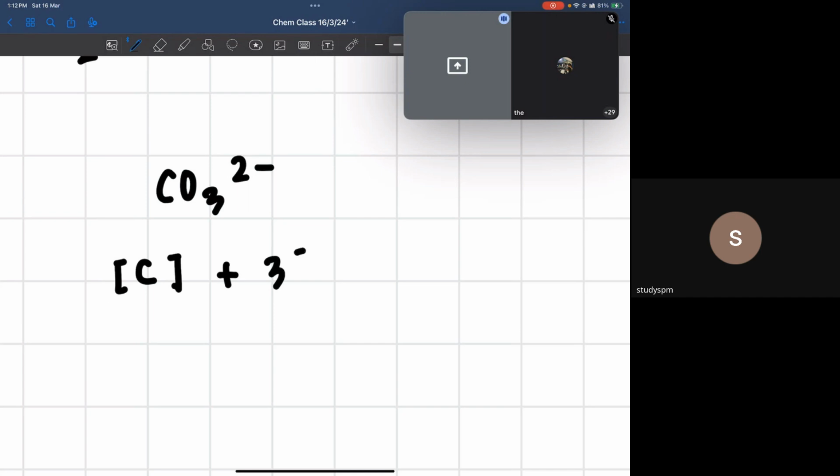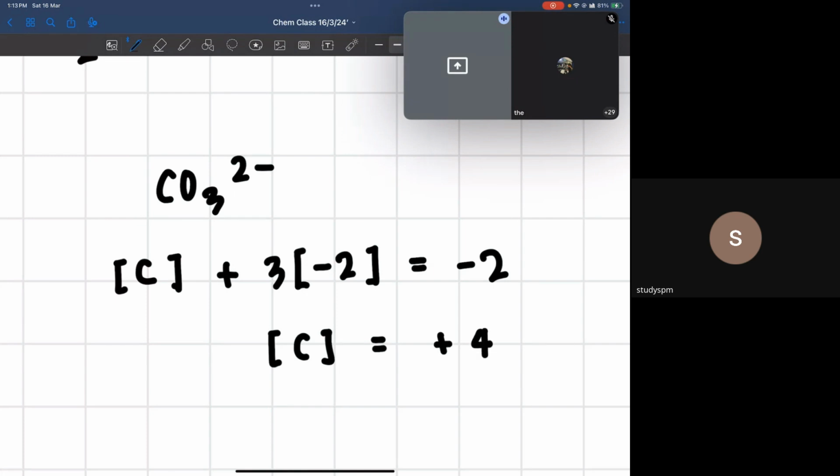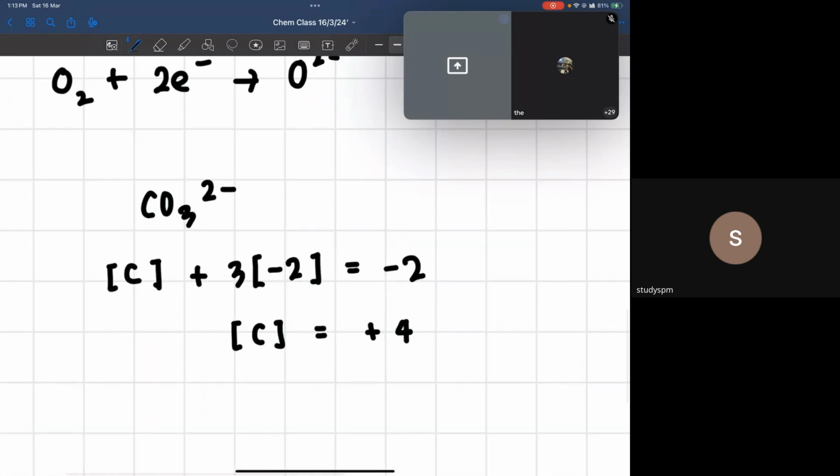And the oxidation number for oxygen is normally -2, like oxide ion. You remember, right? Okay, and then equal to -2. If you calculate, you will get +4. So this is how you calculate.